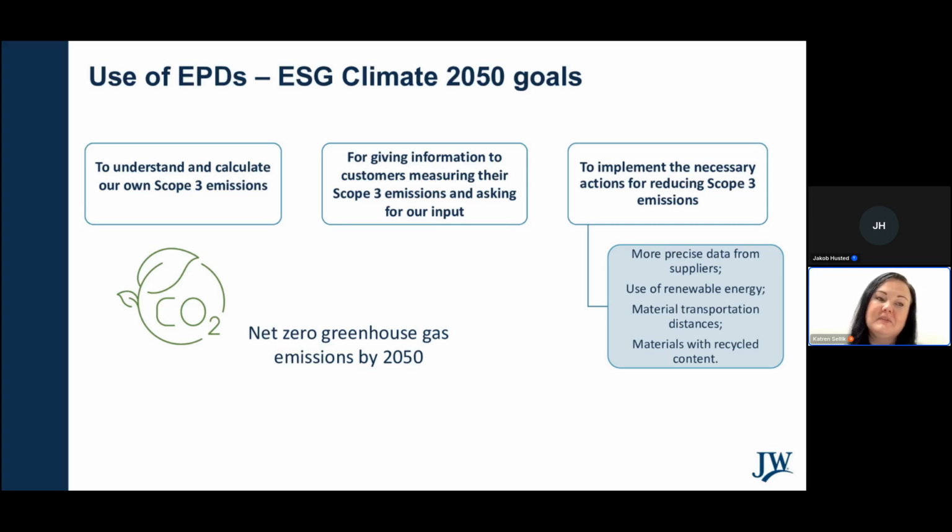And then we also know that the recycled content, especially if we look into steel and aluminium, is very important when it comes to the results of either EPDs or the scope 3 emissions.